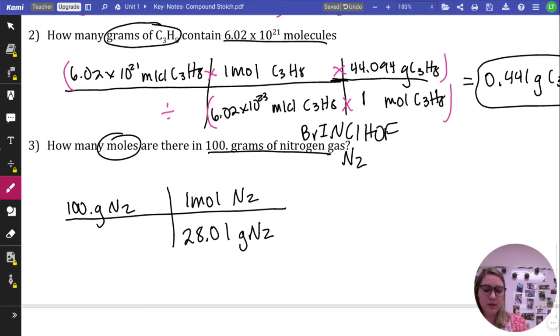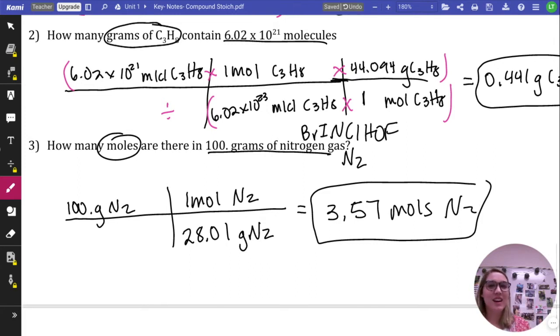So that's 1 mole of nitrogen. Moles is what I want, so I am done with this. So now I can multiply across the top, divide by the bottom. My given has 3 sig figs, so my answer should also have 3 sig figs. So I got 3.57 moles of nitrogen.